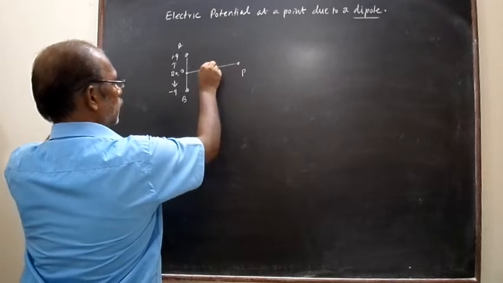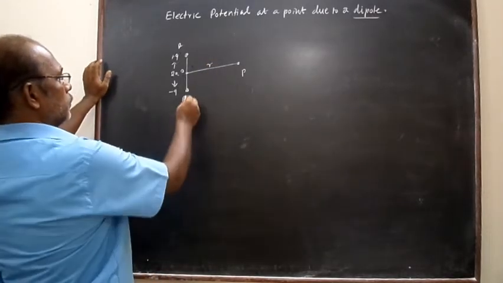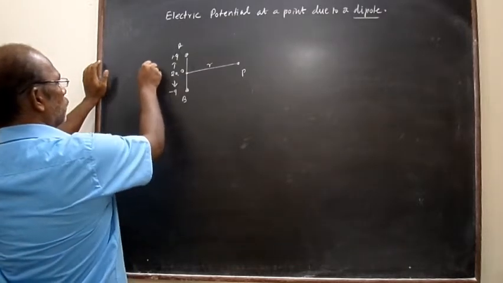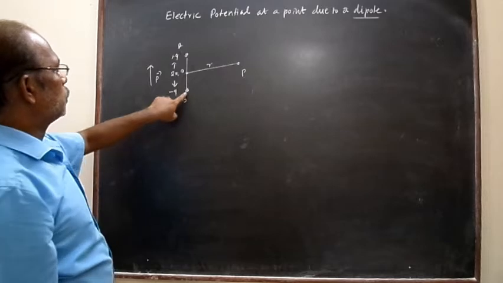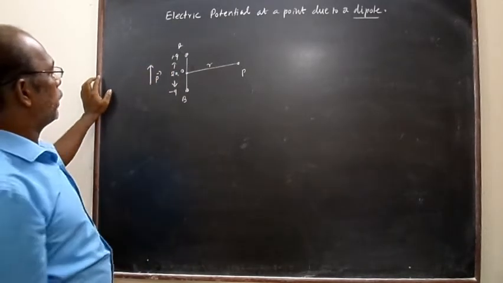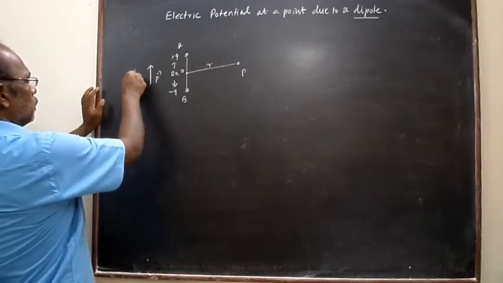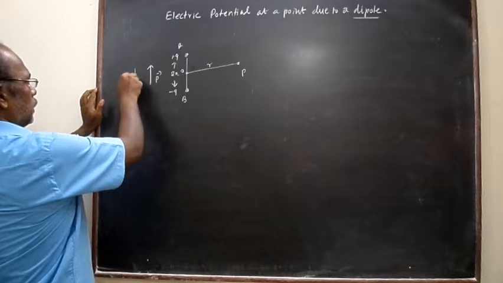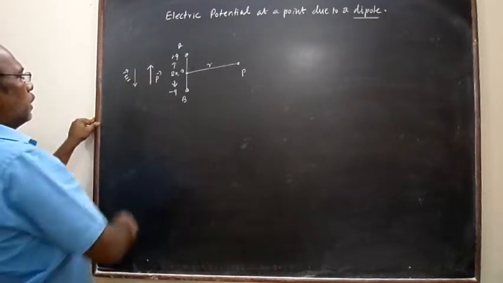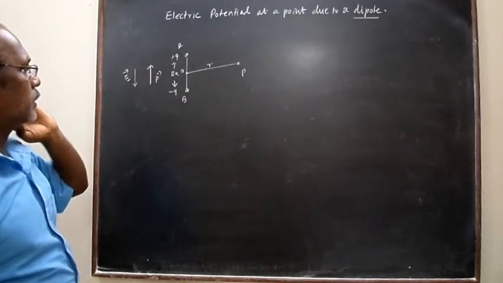This is R, at R distance. Then the direction of the P vector is from the negative to the positive charge. This is the direction of the P vector. At the same time, the direction of the electric field due to the dipole is the opposite direction. The electric field line and dipole vector are always anti-parallel vectors, or anti-collinear vectors.